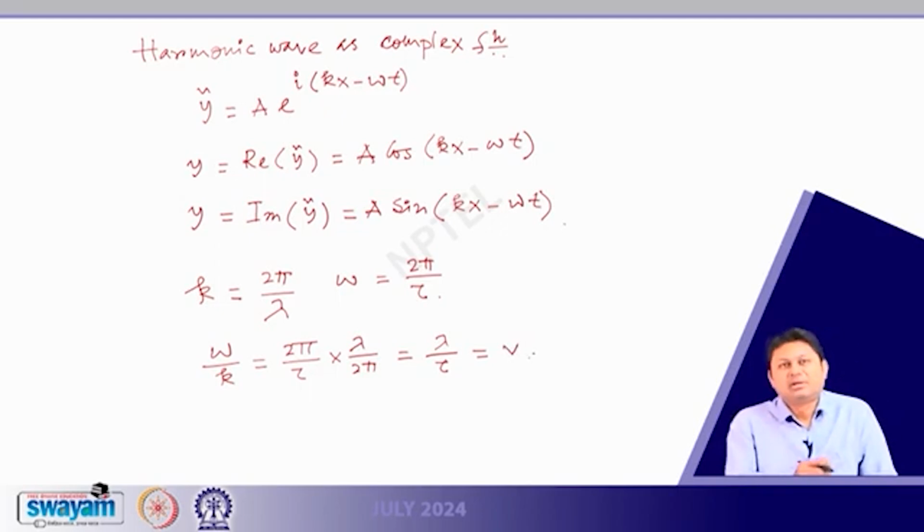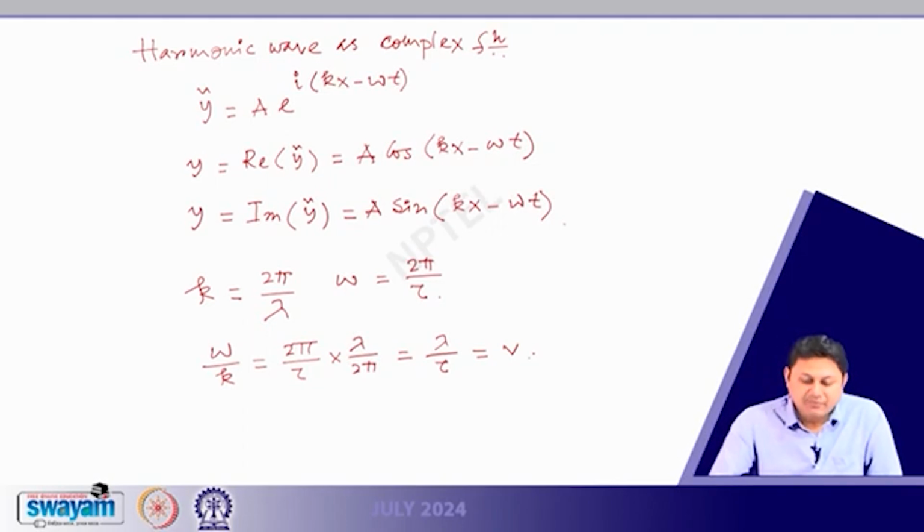So with this notation, we can write down the harmonic wave in a complex fashion, and from that we can extract the real and imaginary parts as cosine and sine functions. Inside the cosine and sine function, I have two important terms. One is k, the propagation constant defined by 2 pi by lambda, and the other is the angular frequency, defined by 2 pi by tau.